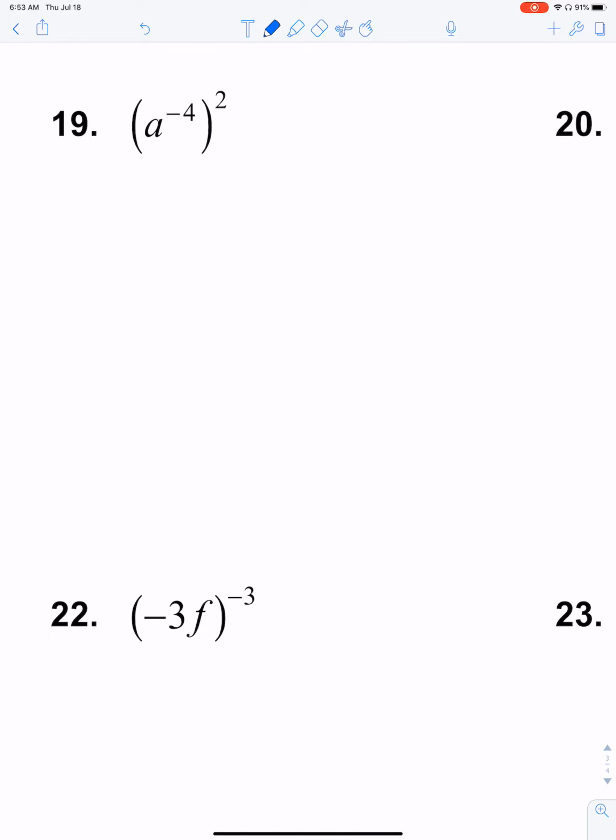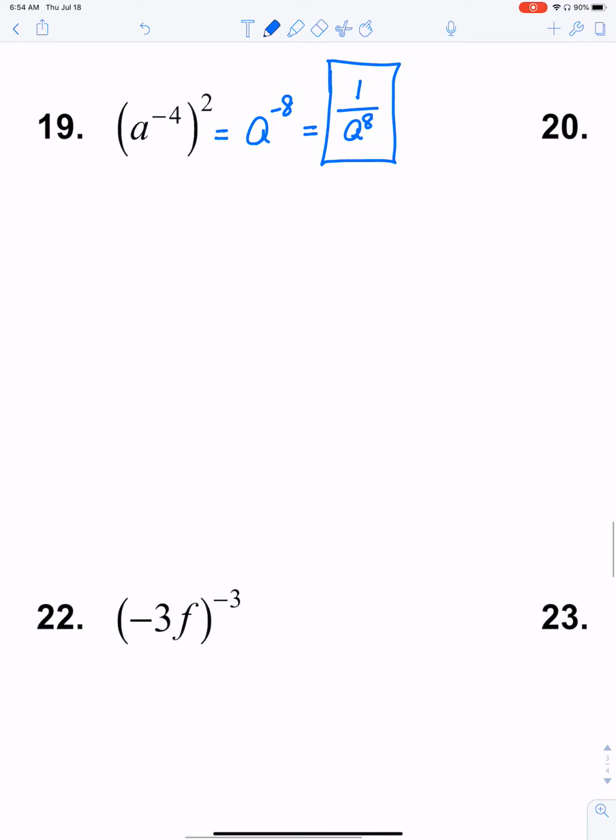Okay, a to the negative 4th squared, that's going to become a to the negative 8th. Negative 4 times 2 is negative 8. Okay, we've simplified it, but we are not done because we have that negative in the exponent. So we need to bring our expression down into the denominator. Now we're done. You cannot leave a negative exponent in your answer.